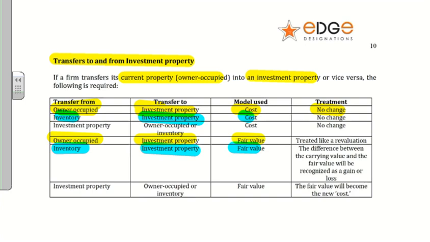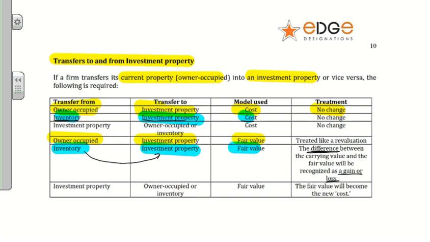Just remember, if you're taking it out of inventory, remember you kept your property as inventory. Now you're recording it as an investment property. If there is any difference in the carrying value, that must be recognized as a gain or a loss. Of course, if you're going from inventory to investment property and you choose the cost approach, then there's no impact there at all.